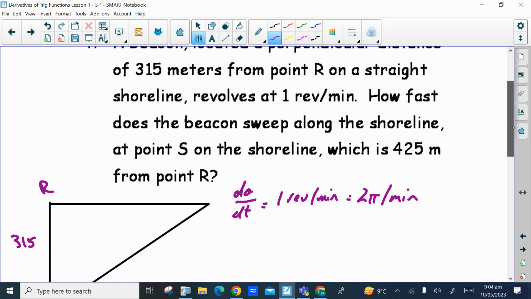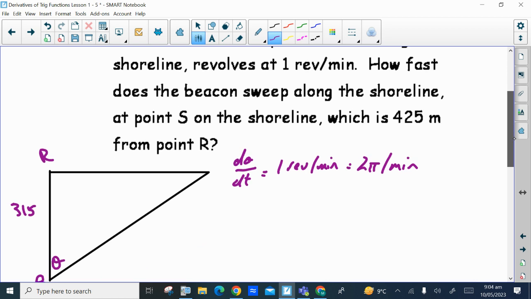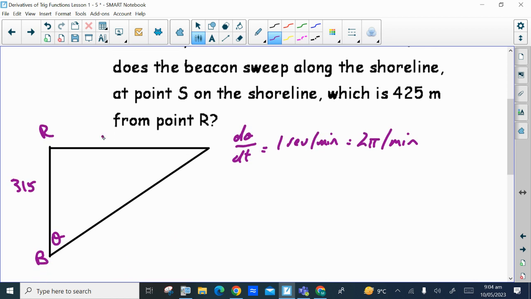So we want to know, how fast does the beacon sweep along the shoreline? So if we say that that side there is x, we want to know what dx by dt is. So how fast does the beacon sweep along the shoreline at point S on the shoreline, which is 425 meters from point R?